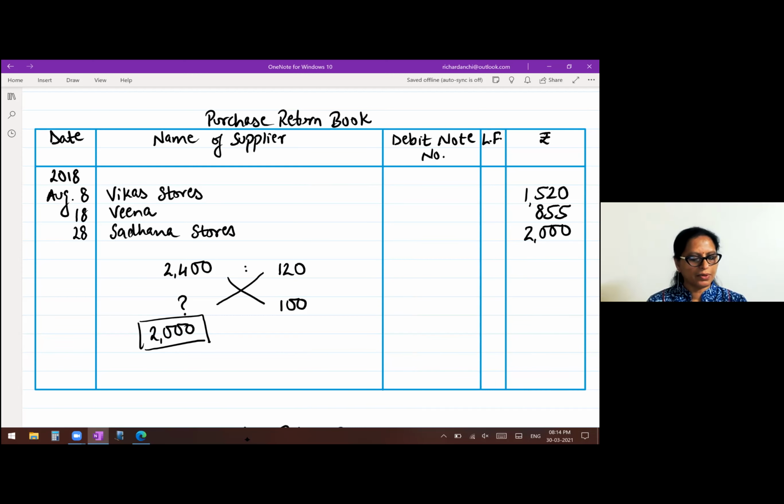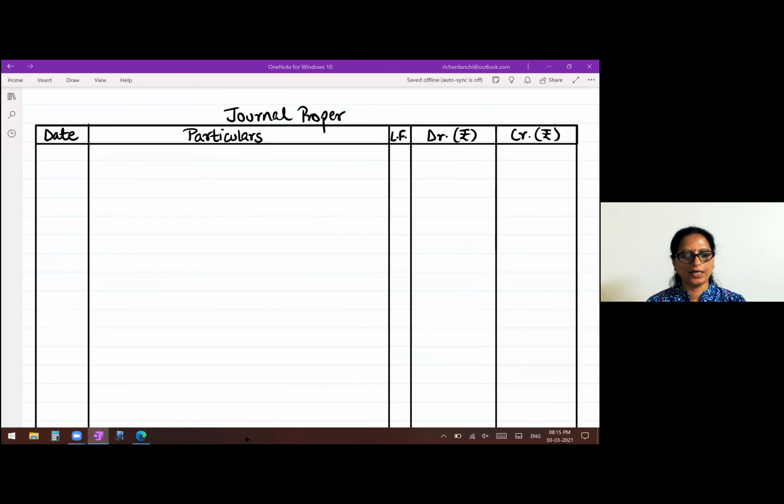31st. Purchased furniture for office use rupees 30,000 from Art Furniture Works on credit. Now you're purchasing furniture which is an asset purchased on credit. So we have a separate book for it called the journal proper. So you will take the journal proper and write the entry, write 2018 August 31st.